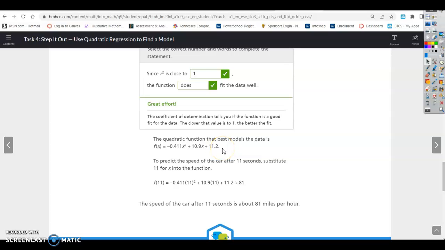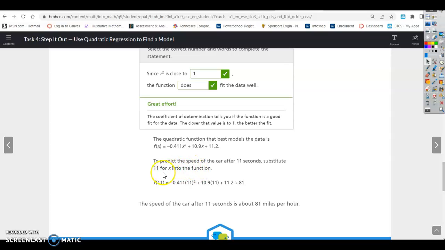So if you enter a table of values in your calculator, it can write an equation for you if you know how to go through the steps to make that happen. So that may be an easier way for you if a system of equations is kind of difficult. All right, so to predict the speed of a car after 11 seconds, all you have to do is substitute 11 in for x and solve the function.